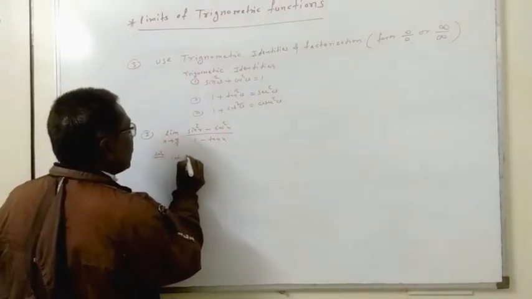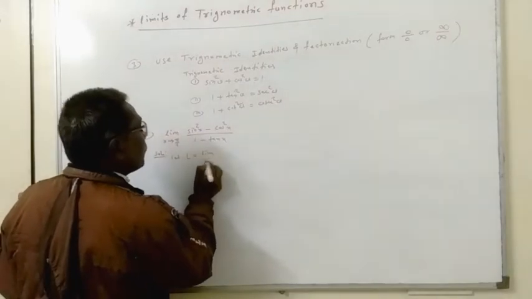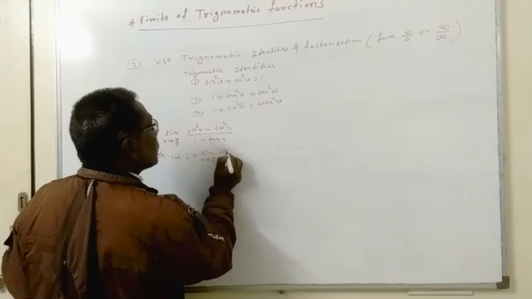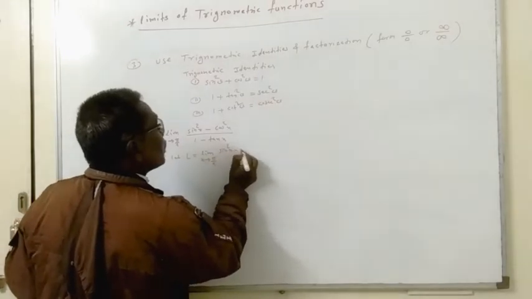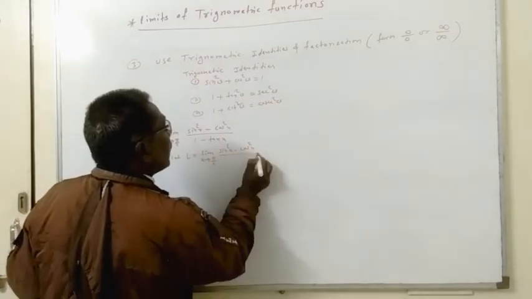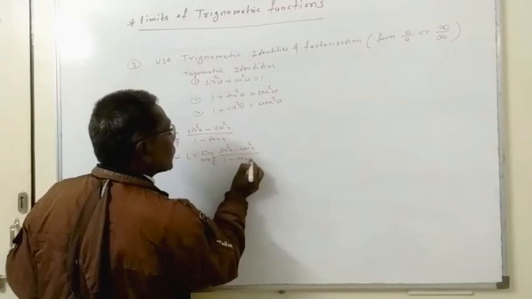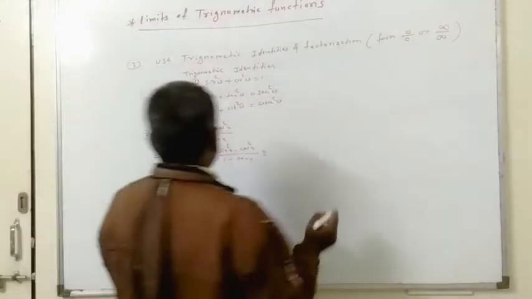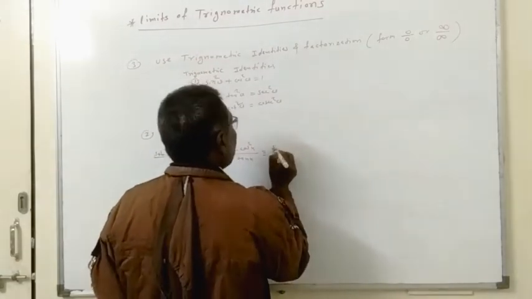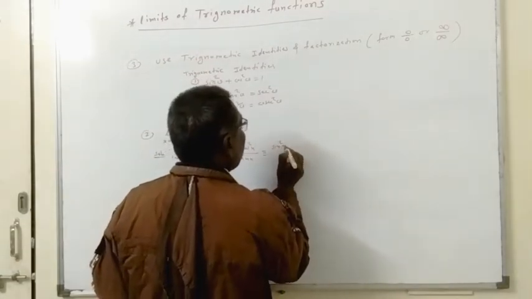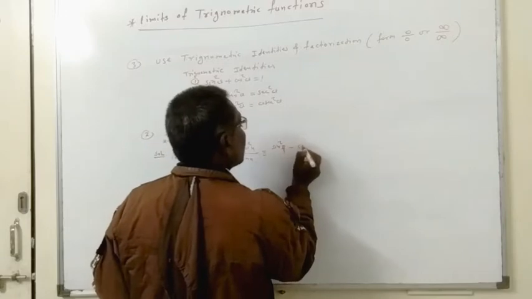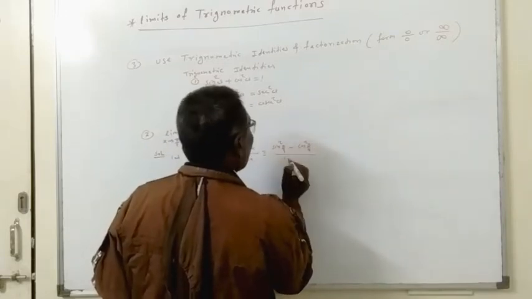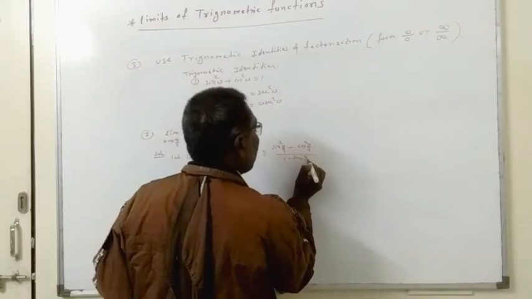Solution. Let L be equal to the limit x tends to pi by 4 of (sin square x minus cos square x) divided by (1 minus tan x). Now by the direct method we check the indeterminate form. If we put pi by 4, we get (sin square pi by 4 minus cos square pi by 4) divided by (1 minus tan pi by 4).